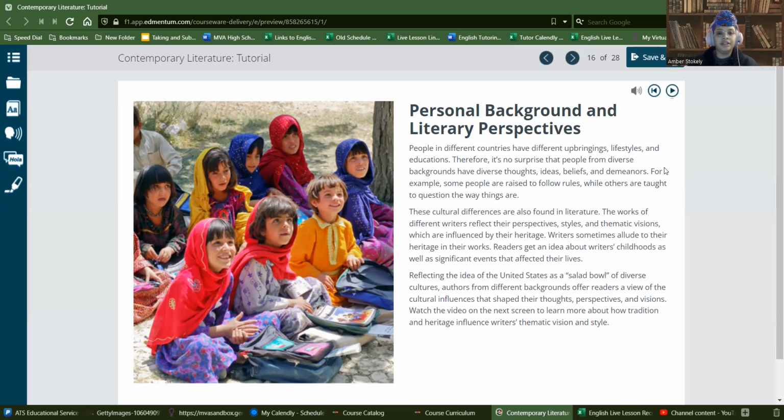So because these ways of living are so different around the world, that means that literature also shows these differences. If a person from India or a person from Turkey or Russia writes a book about what their childhood was like, all of those stories are going to have different things in them because of the different countries that the authors come from.